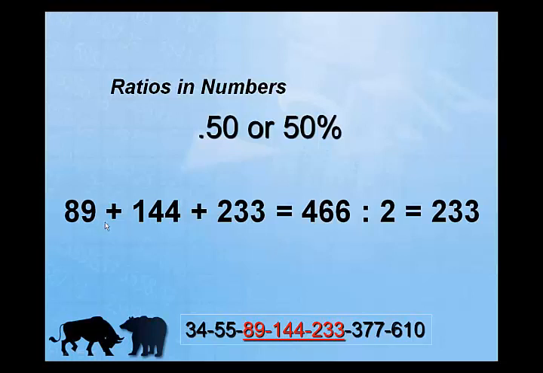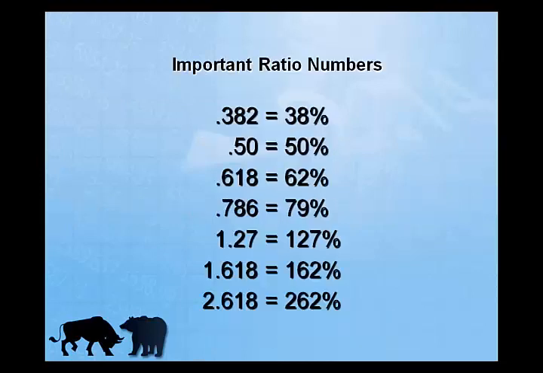Now, he did all this in a book called Liber Abaci, which is a book of calculations. When he added 3 numbers in the ratio, it gave him 466, he divided by 2, and then he took 233 divided by 466, and it gave him 50%. There was a certain sequence in these numbers.